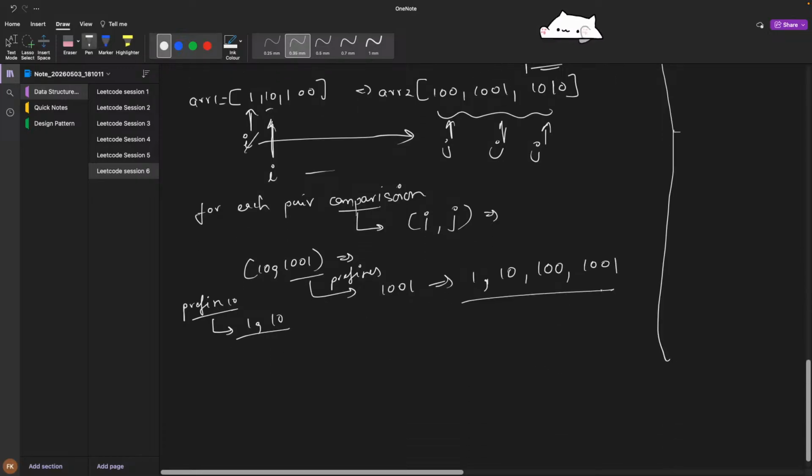We see that 1 and 10 are common, but the prefix with the longest length is of size 2.